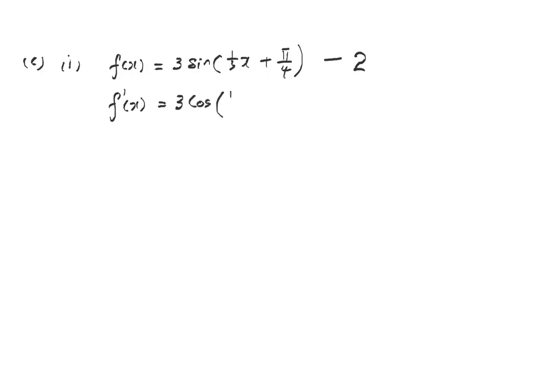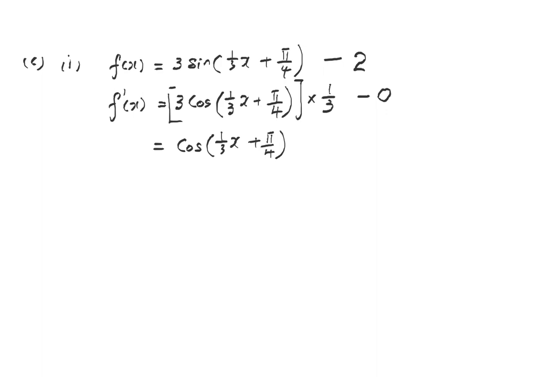Copy down the angle. Times by the derivative of the angle, that is 1/3. Derivative for 2, rate of change of 2 is 0. I purposely write down that. So I got cos of the angle, times 1/3.